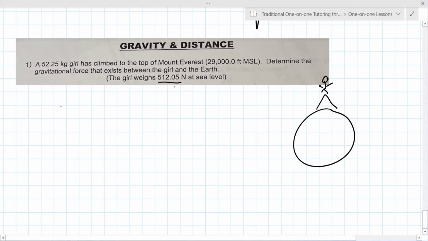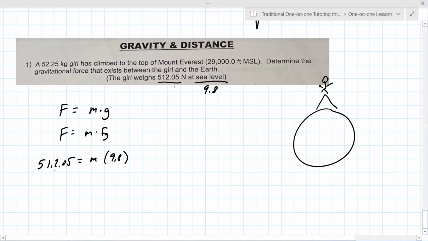If you remember, force equals mass times gravity, but gravity is really this Fg. But at sea level, we know that that's 9.8. So this 512.05 is the force. Her mass we don't know, but we know that g is 9.8.